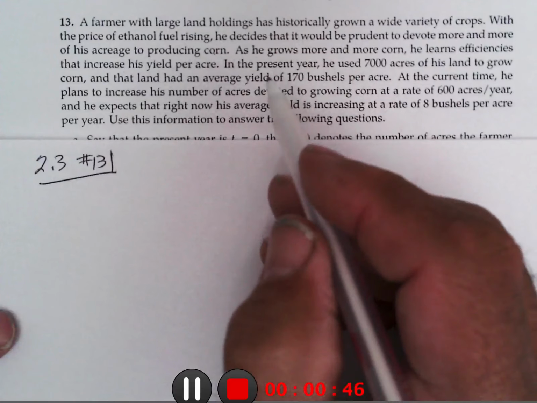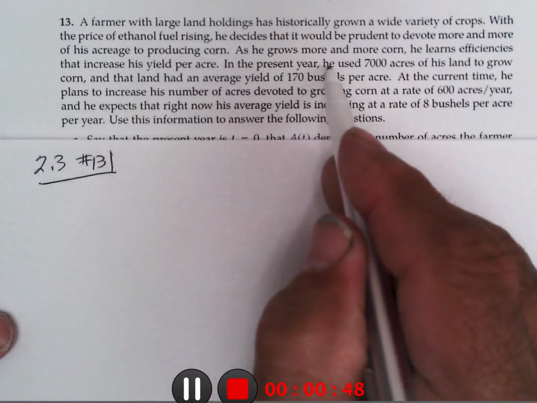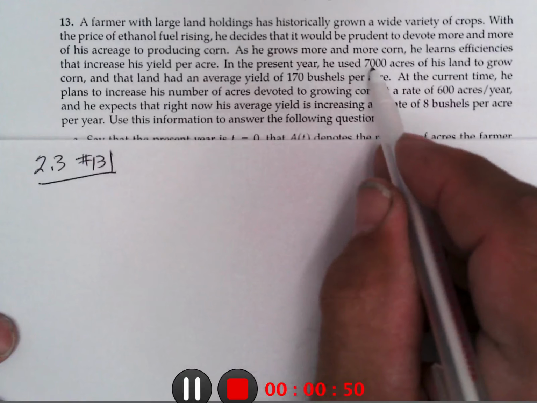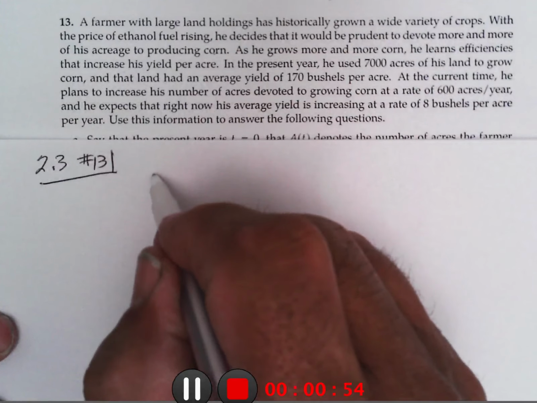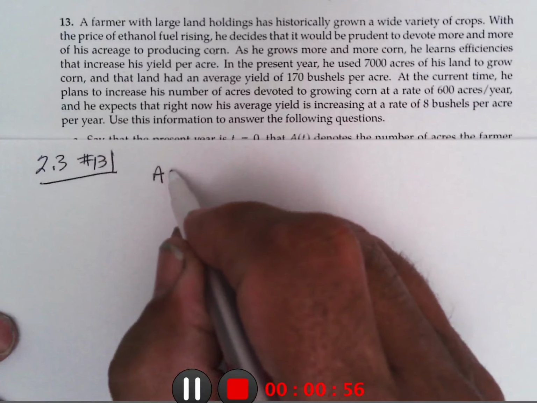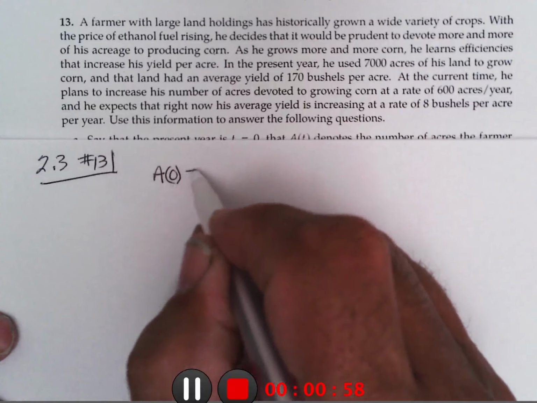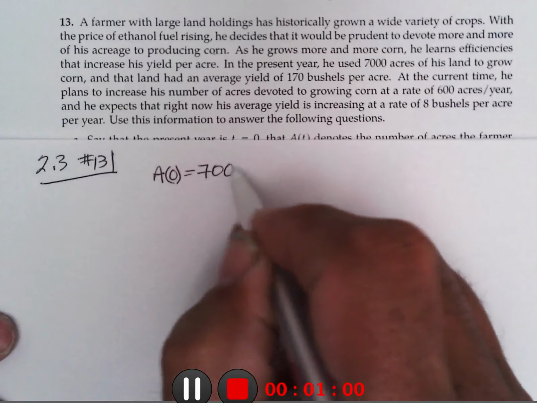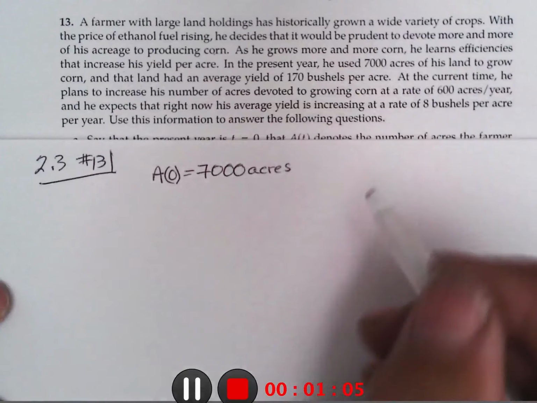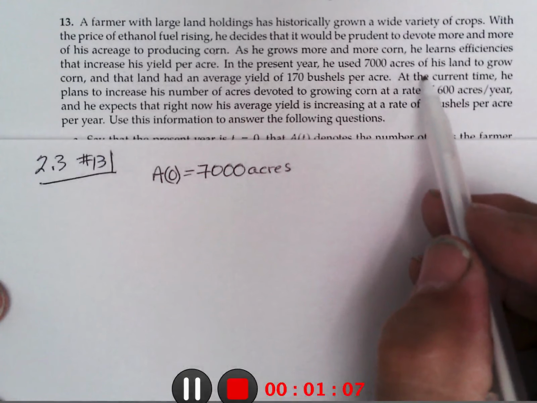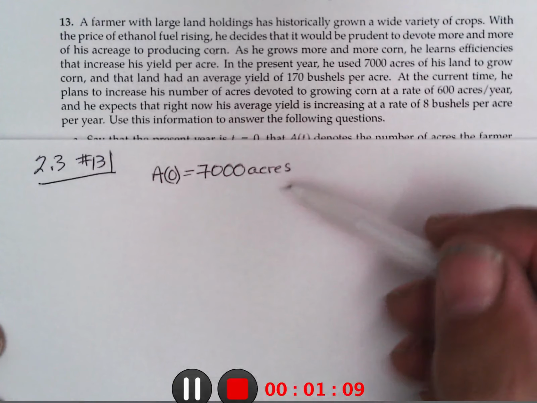He learns ways to increase the yield per acre. In the present year, he used 7,000 acres of his land to grow corn. So right now the area at zero is 7,000 acres. You'll see later that they used A for the area, okay?